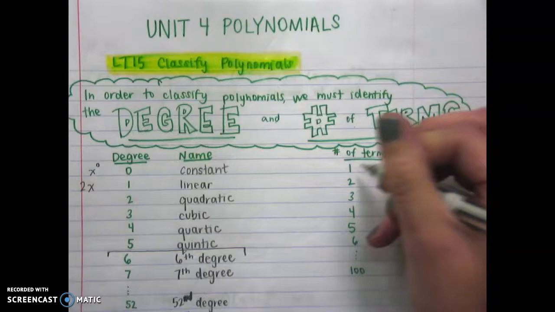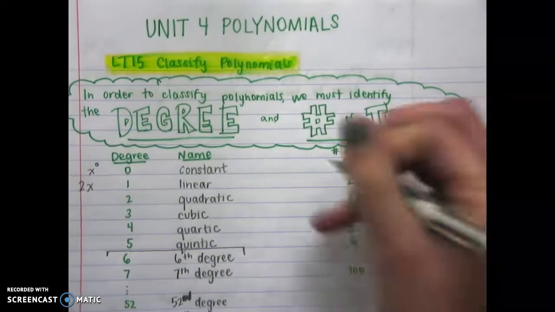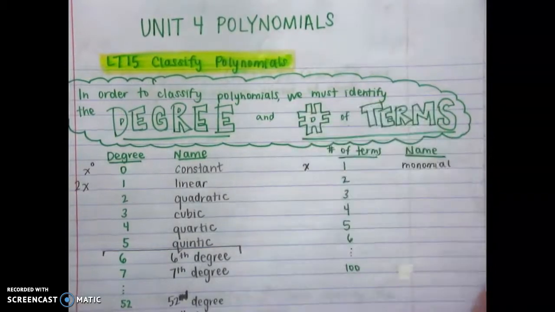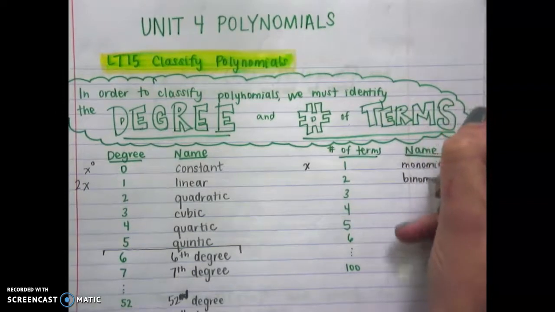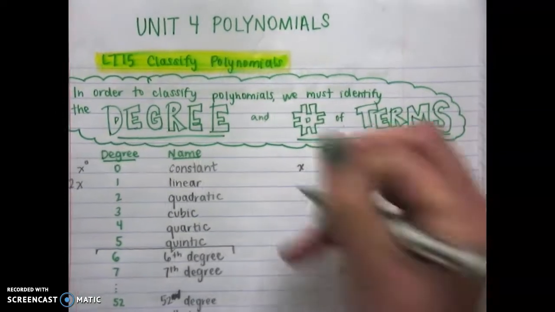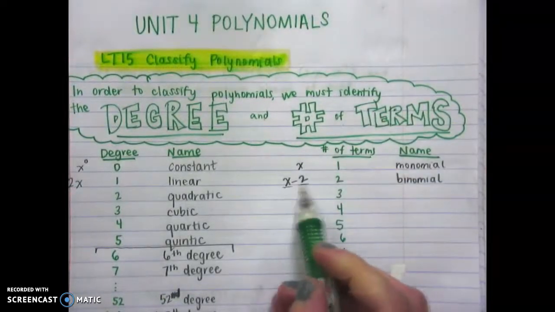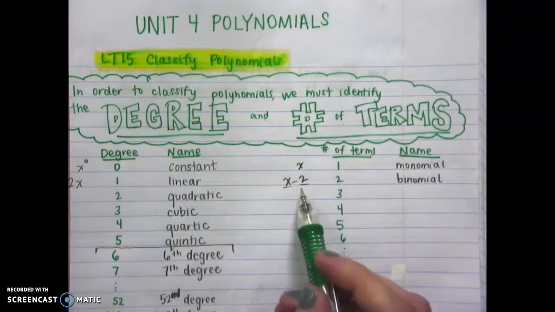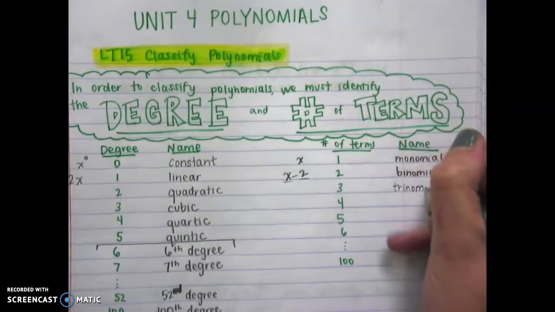The second name when you're classifying a polynomial is by the number of terms. If you only have one term, this is called a monomial. Here's an example. If you have 2 terms, that's called a binomial. We worked a lot with binomials in the quadratics unit. Here's a binomial. 1, 2 terms. 3 terms is a trinomial.